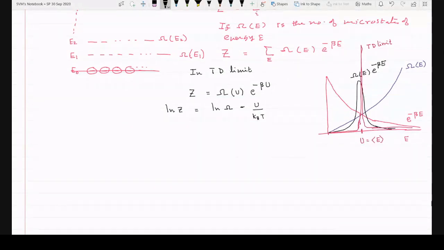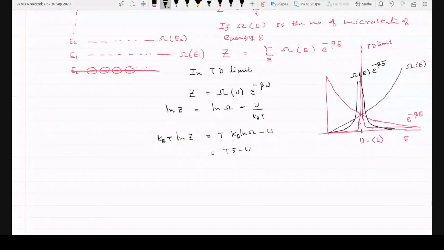Okay, so now I multiply this with KBT. KBT logarithm of Z is equal to, let me write it in the following fashion, T KB logarithm of omega minus 2. But KB logarithm of omega is the entropy, so this is equal to Ts minus 2.